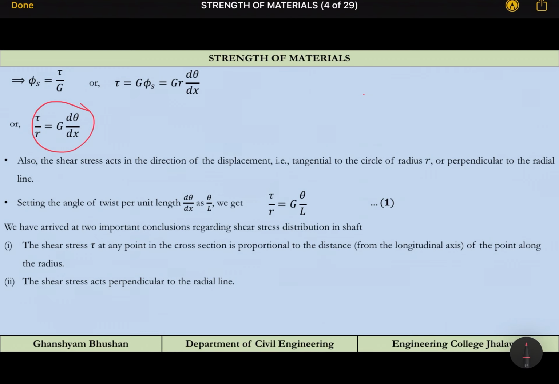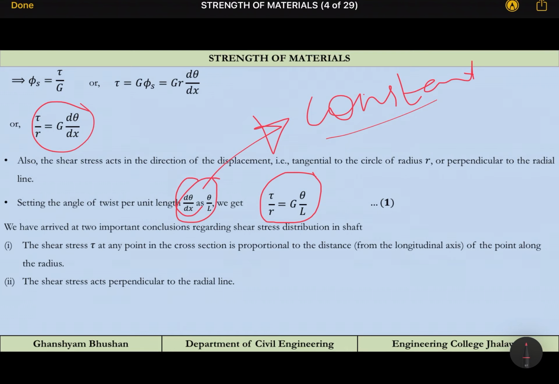Now setting the angle of twist per unit length, d theta by dx, as theta by L, we have tau by r is equal to G into theta by L. As I have told you, the angle of twist per unit length will be a constant. For the whole member over a length L, this is a very important relationship between tau and G: tau by r is equal to G theta by L.